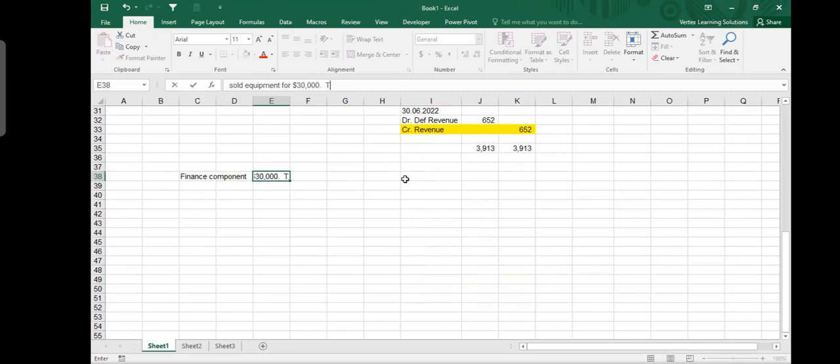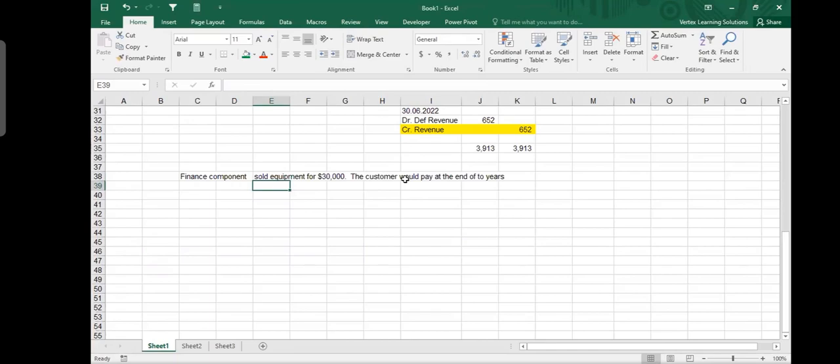The customer would pay at the end of 2 years. Now, when you have a significant time period, because you are selling goods here and the customer is going to make payment of 30,000 here, the question is, is it the cash price of the good?